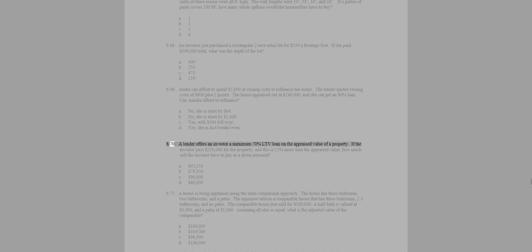S70. A lender offers an investor a maximum 70% LTV loan on the appraised value of a property. If the investor pays $230,000 for the property, and this is 15% more than the appraised value, how much will the investor have to pay as a down payment?